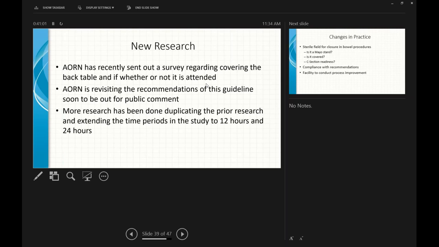So you can tell by what I've told you that new research is necessary. And just recently, AORN sent out a survey regarding covering the back table and whether or not it is attended.